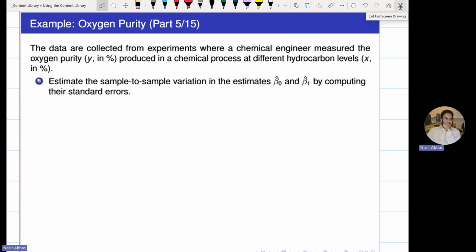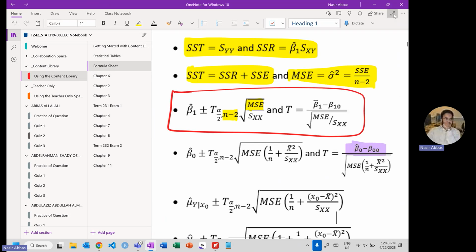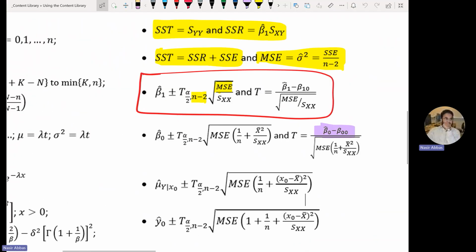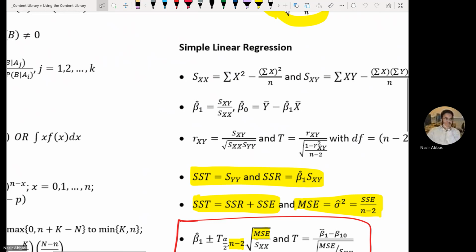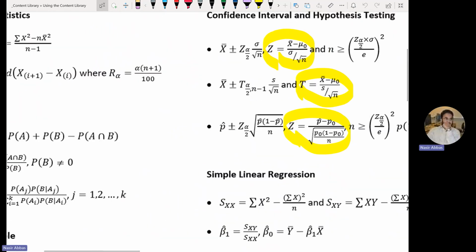What about for B0 and B1? Let me show you the formula sheet, and I want you to understand what is standard error and how do you get it from the formula sheet. Look at this formula.